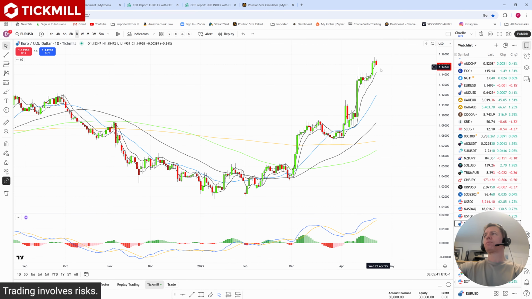Overall, if I'm swing trading, I want to be on the long side. From a swing trading perspective, I have no interest in being short. I only want to trade with that trend. Personally, I've been long since just above 108 in late March.